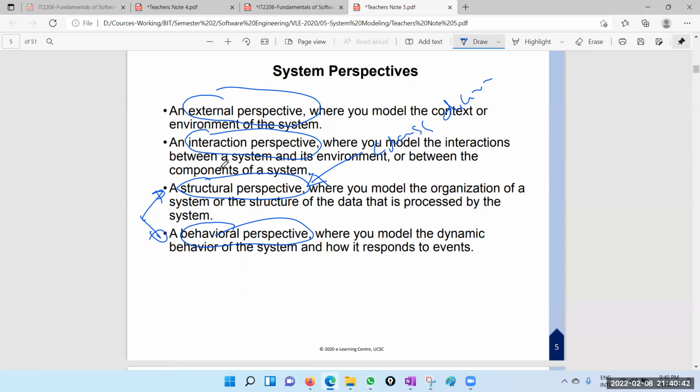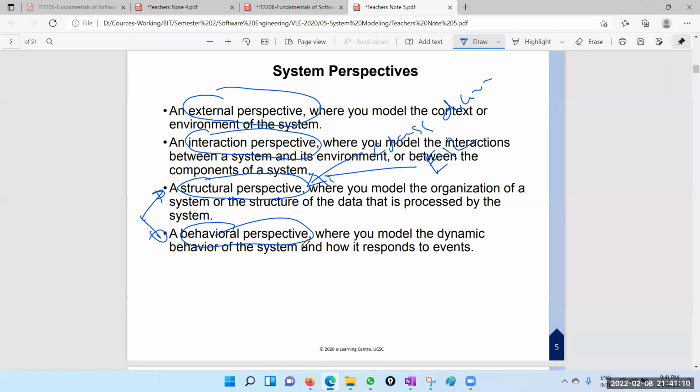This class is inherited from that class. This class is associated with this one. This class depends on that one. This class is a composition of this class. So it is not only the class diagram; there are some other structural diagrams also, like the ER diagram.